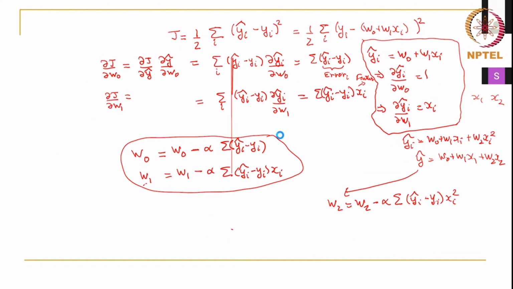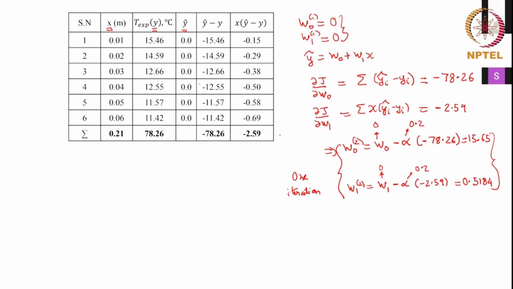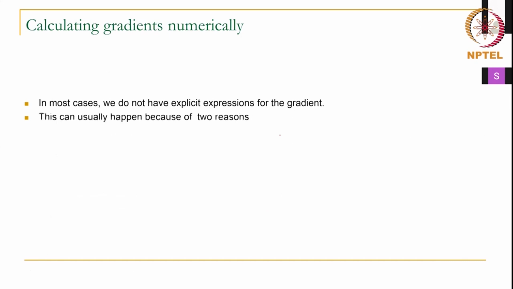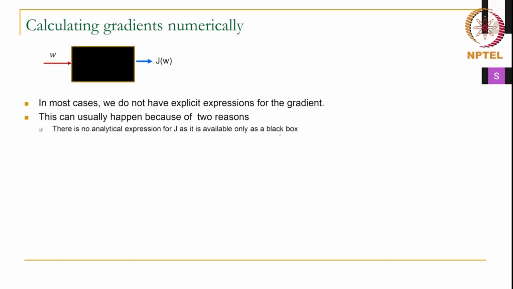So finally, what we saw here is that for gradient descent, obviously you need to calculate the gradient. Now there is a problem when it comes to numerical techniques for neural networks. Generally, you won't have explicit expressions. In this case, we could calculate it very nicely. It can happen due to two reasons. Either you have J only as a black box.